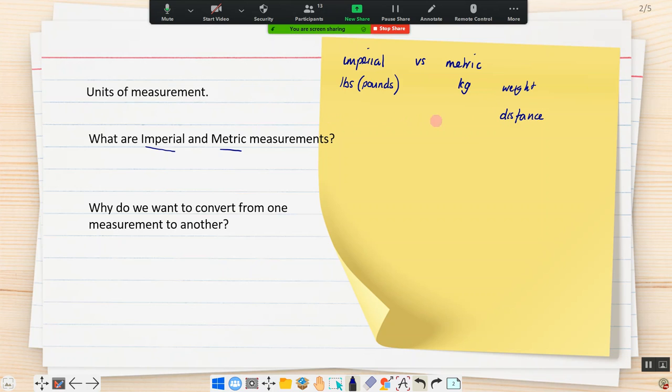So for instance, I would say like, go on. Okay, is that metric or imperial? Nope. It's metric, centimeters. Okay. Anyone know what an equivalent measurement in imperial would be? So if you're measuring a few centimeters, it's only a short amount, a small length, what would be the equivalent that you would do in imperial? Does anyone know?